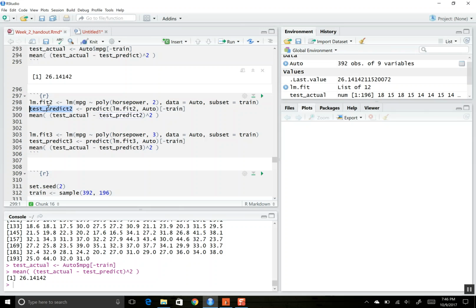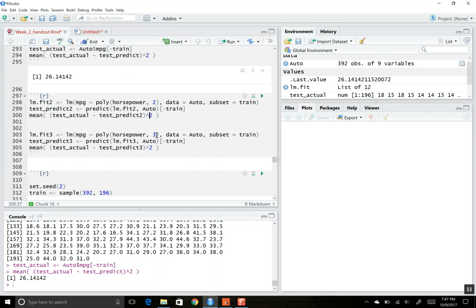We're going to create our predictions using the function predict. We remove the training rows, so we just have the predictions for the test rows. And then we're going to compare the actual test values to the predicted values. And then we square that difference and we take the mean. Okay, mean squared error there.